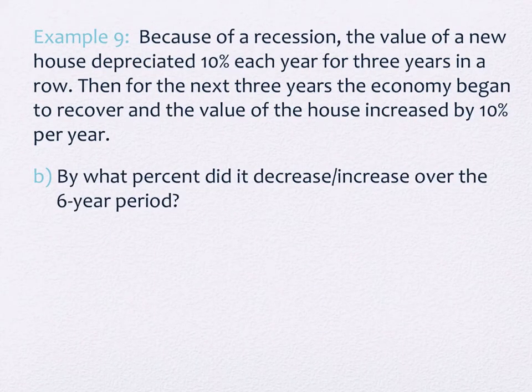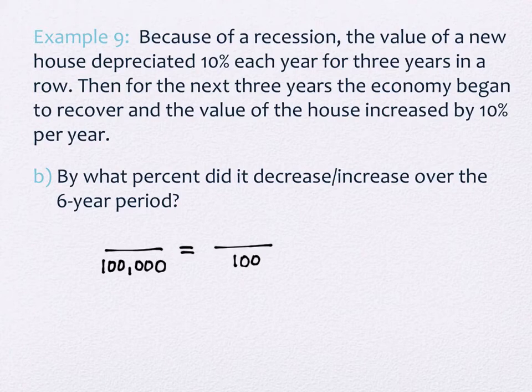So when we're looking at this question for Part B, we can actually set this up as a proportion like we were doing last class period. The original amount of the house, that is the 100% amount, was $100,000. And we can figure out how much the value of the house went down.